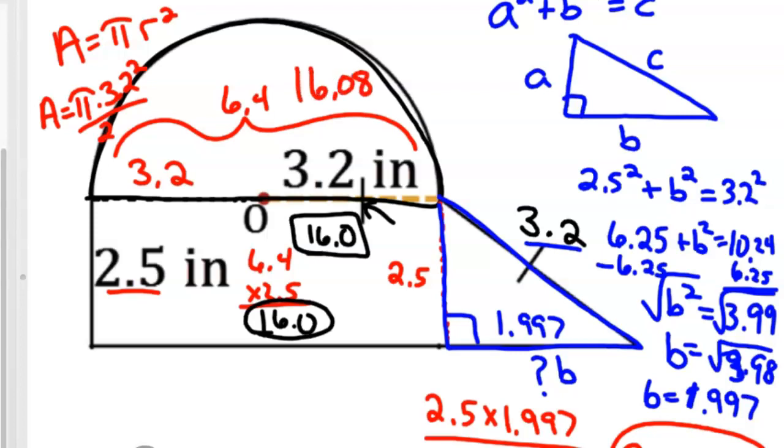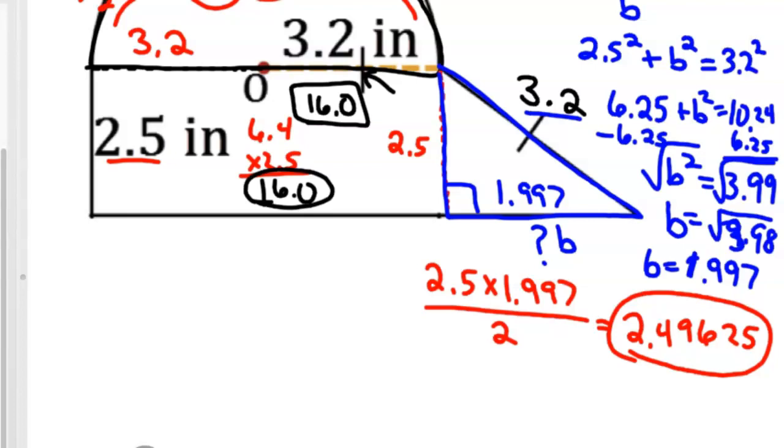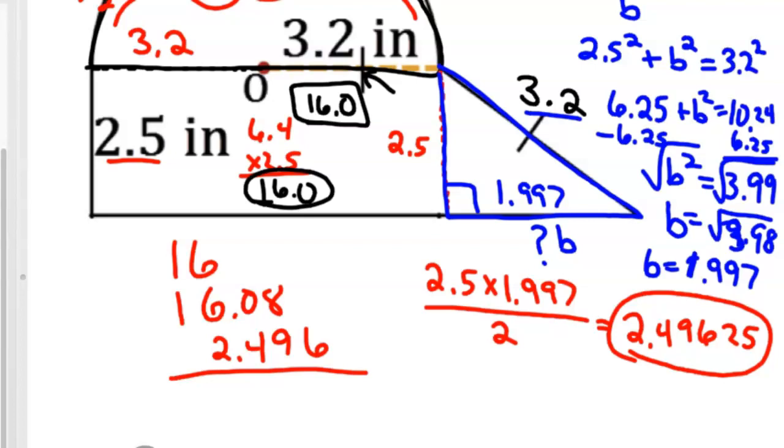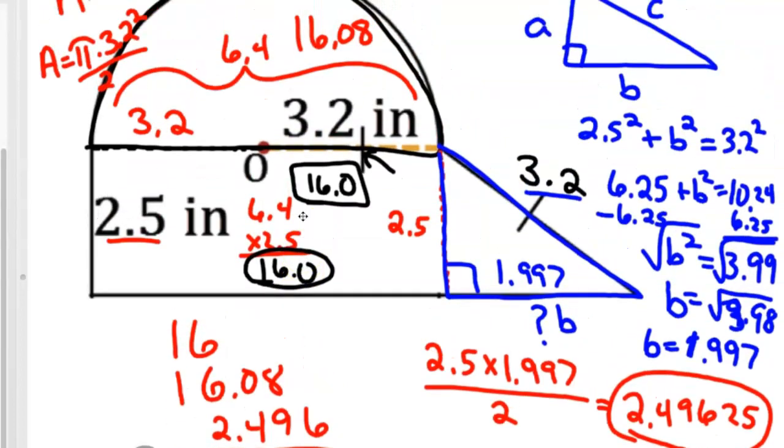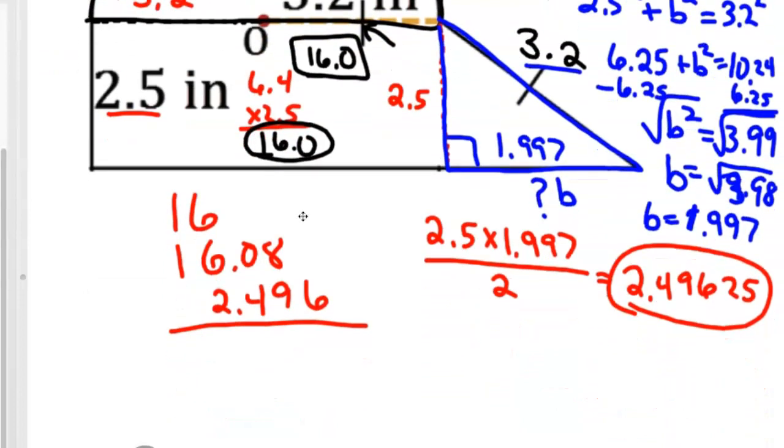Usually you have to round to the nearest hundredth. So on the Khan Academy and places like that. So we got 16.08 is one of my areas. So we got 16 plus 16.08 plus 2.496 is probably just fine. And so when we add all these together, you would have 12, 13, 14, so 20, 30, see, there you go.